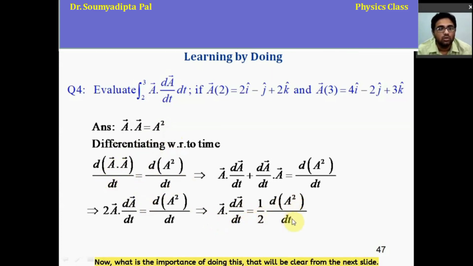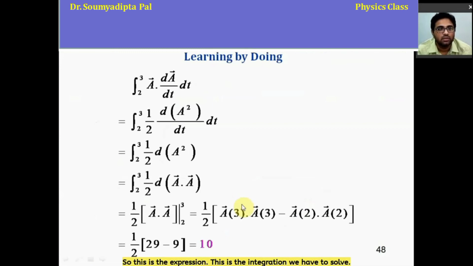Now what is the importance of doing this? That will be clear from the next slide. So this is the integration we have to solve, and here if we put this form, then this half will come out of the integration and we get d a square, where a square is a vector dot a vector.